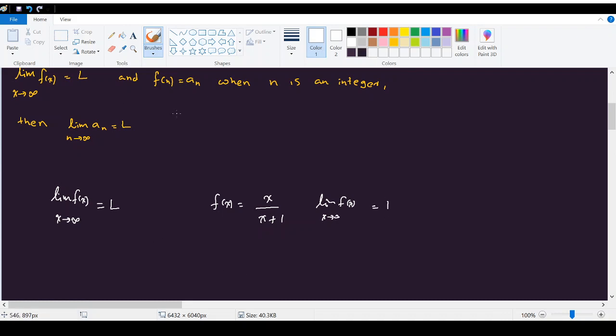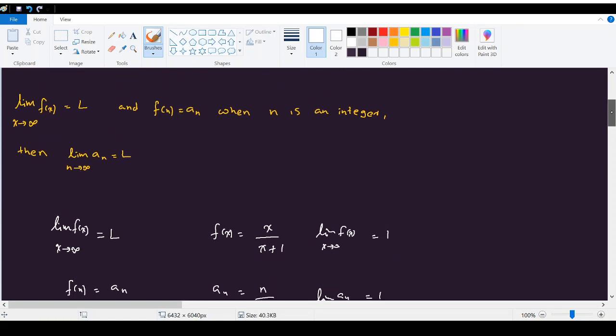And this theorem says if we replace everything by n and name it as a_n, that means it becomes a sequence where n is an integer, then the limit of that sequence is also equal to 1. So this is basically the same thing written in a nicer way, and it is expressed as a theorem.